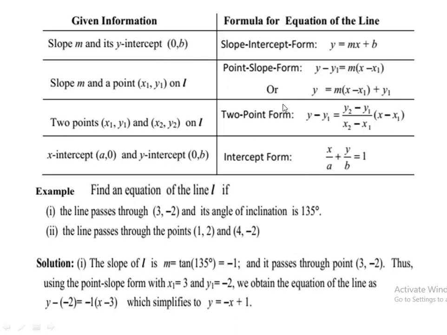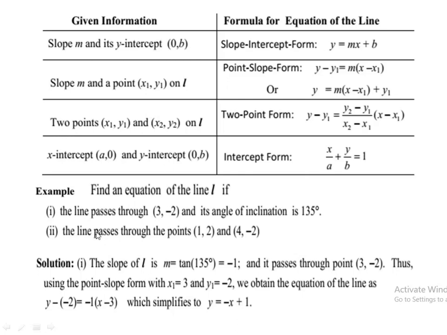Therefore, we use y minus y1 equals m times (x minus x1). So y plus 2 equals minus 1 times (x minus 3), which simplifies to y equals minus x plus 1, the required equation of the line, which passes through (3, -2) with angle 135 degrees.